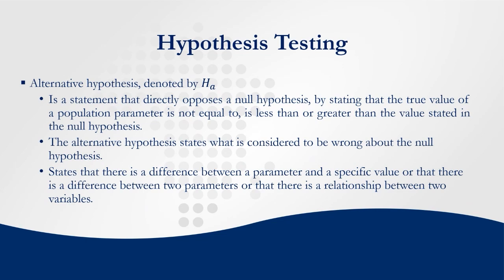In the example of my two teaching methods, a standard one and a new approach, the null hypothesis says that those two methods are the same, and the alternate hypothesis will say they are not the same.